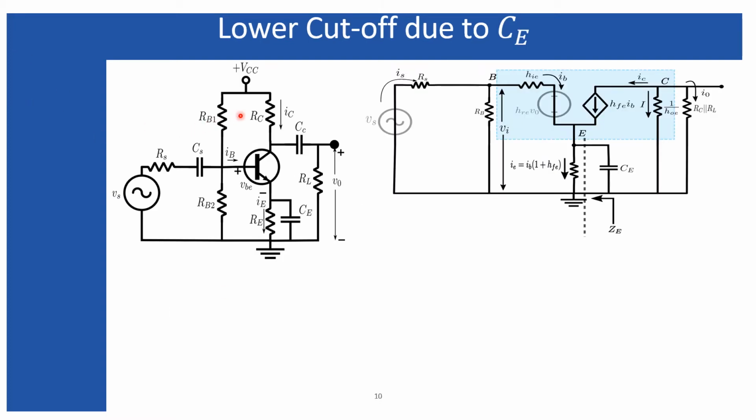Now the last one, that is the lower cutoff frequency I'm going to consider for CE, or the bypass capacitor. And when I'm considering the CE, I should consider all other capacitors, that means the CS and CC, should be shorted.